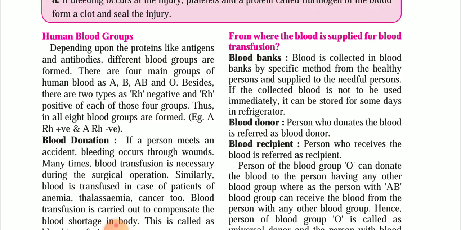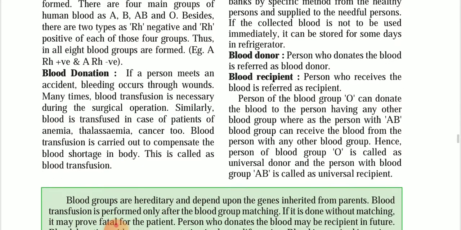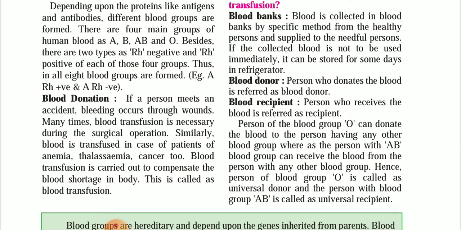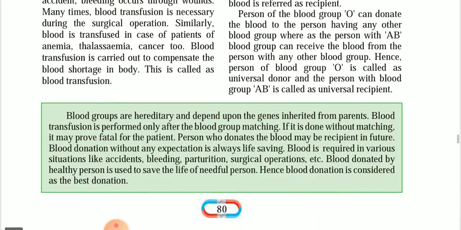A, B, AB and O, these are the blood groups according to which humans are divided, as well as Rh positive and Rh negative. These are the Rh factors. About blood donation, there are blood banks, blood donors and blood recipients.